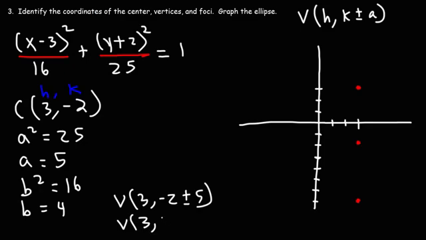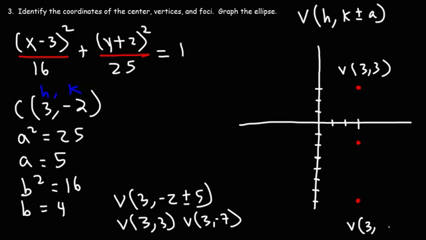Negative 2 plus 5 is 3, and negative 2 minus 5 is negative 7. So this point is at 3, comma 3, and this point here is 3, negative 7. So those are the coordinates of the major vertices.